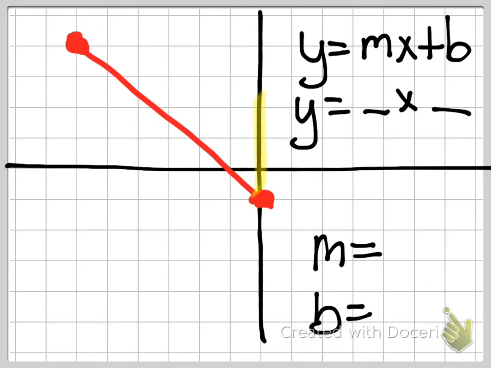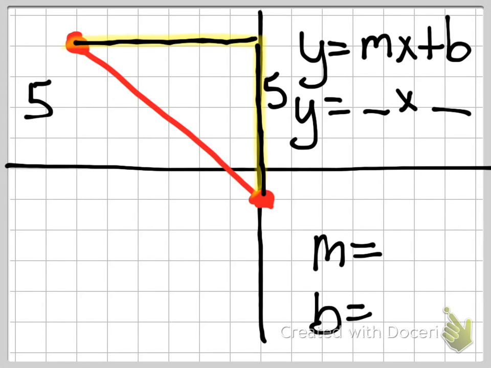If I go this route, I went up 1, 2, 3, 4, 5, so that would be up 5 on top, because that's rise, and then I went to the left, 1, 2, 3, 4, 5, 6. Left means negative.